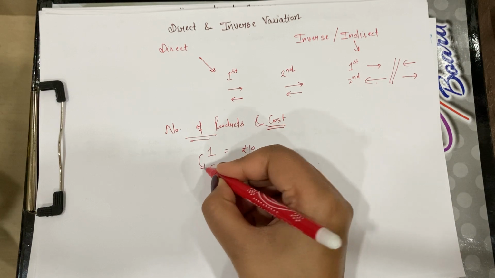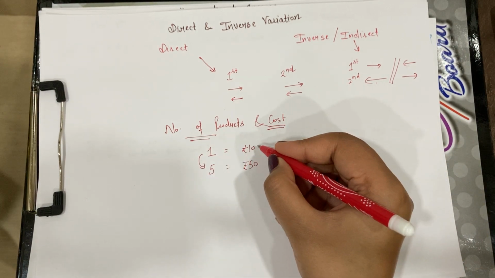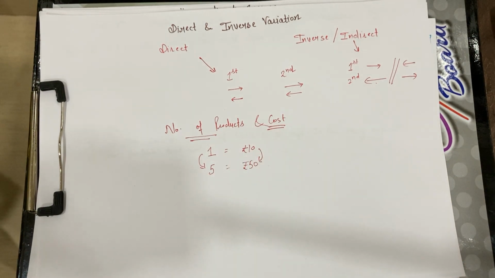As number of pens increase, cost also increases. If number of pens was 1, cost was 10. If number of pens were 5, cost was 50. So, both the variables are increasing.